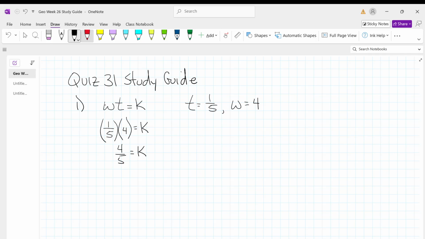And then we said that if W times T is equal to K, and we're trying to find T, we divide each side by W. So T is equal to our constant, which we just found, 4/5, over W. So we just put the W right here.